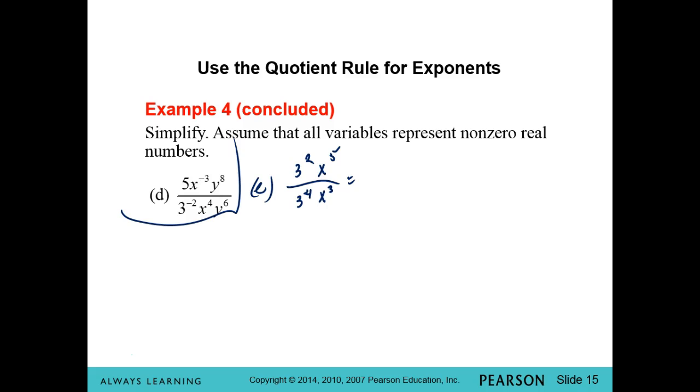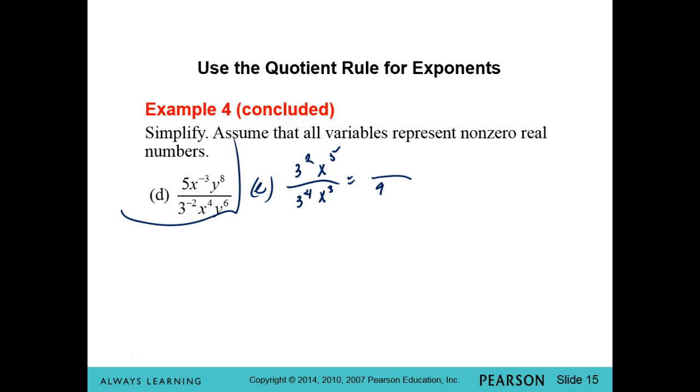But this is a 3 squared up here, a 3 to the 4th down here. If you divided these two out with 2 of these, you still have 2 3s down here. 3 times 3 is 9. So you're going to wind up with a 9 in the denominator, okay? That's your numerical part. Nothing in the numerator or 1.